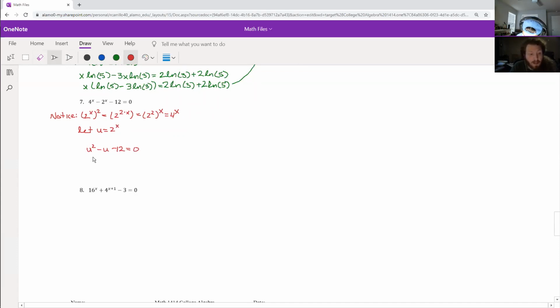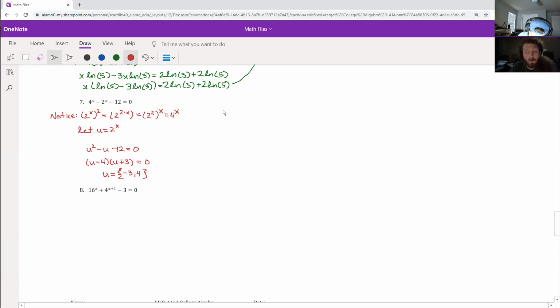So this will factor into U minus 4 times U plus 3. That'll give us minus 1U, negative 12 equals 0. So U will be equal to, oh, okay, there we go. Negative 3 or 4, one of these two.